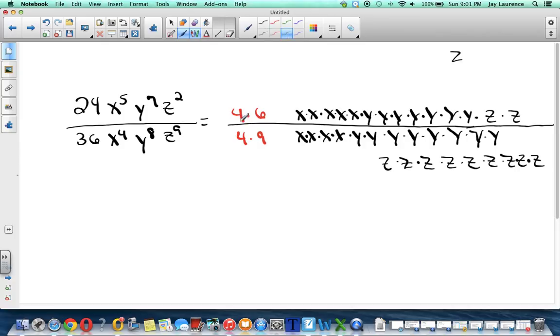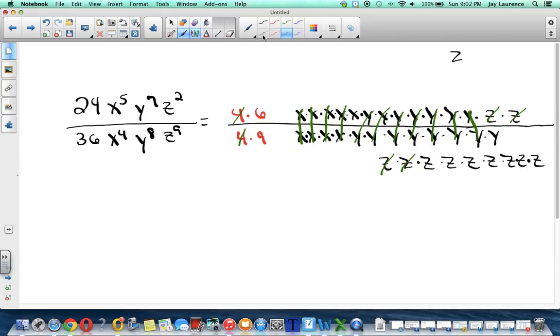Okay, now we're going to do some canceling. The 4s will cancel. Let's see, 1, 2, 3, 4. Looks like there's just an x left in the numerator. Y's, 2, 3, 4, 5, 6, 7. Looks like there's just a y to the first power in the denominator. And then one of these z's and one of these z's.